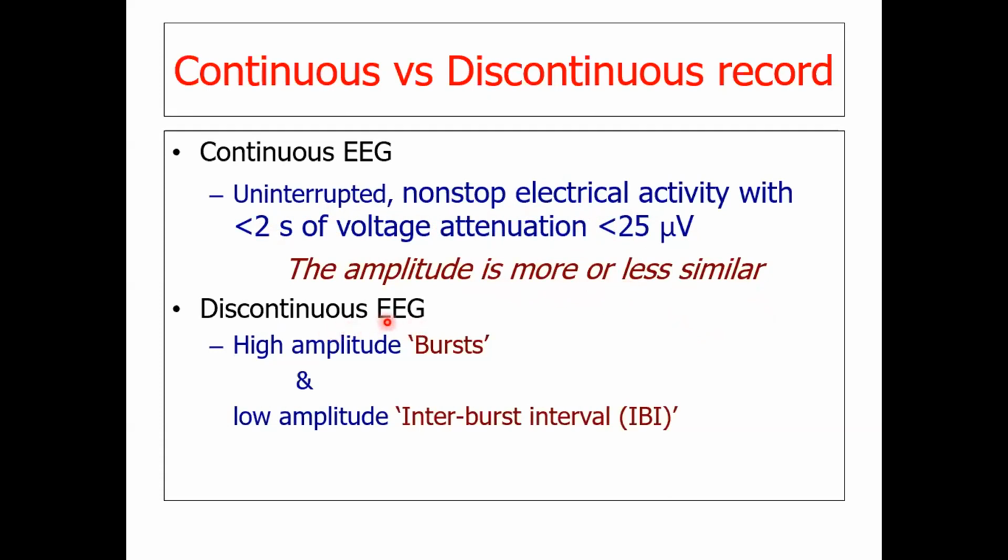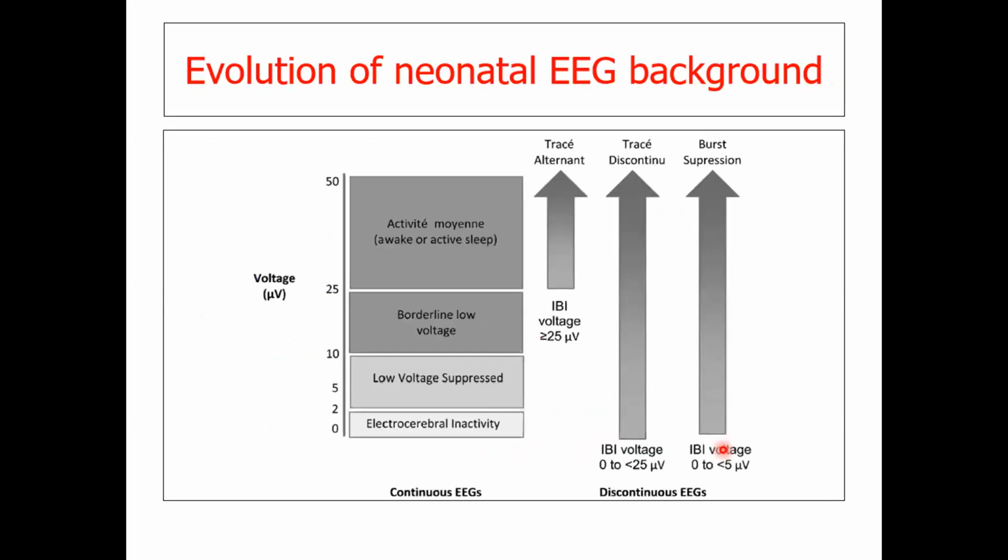Discontinuous EEG is what we normally talk about as burst attenuation or burst suppression, where you have certain high amplitude waves followed by an area which is suppressed. These high amplitude activities are known as bursts, and the low amplitude intervening period is known as interburst interval or IBI.